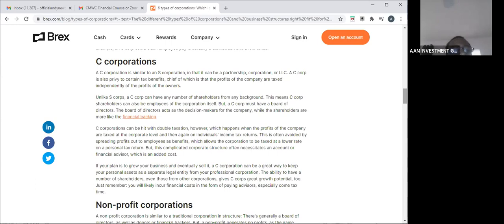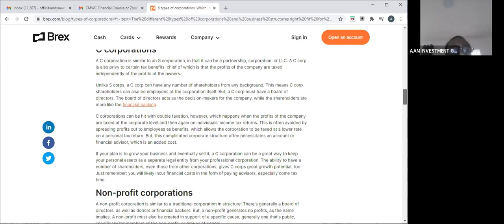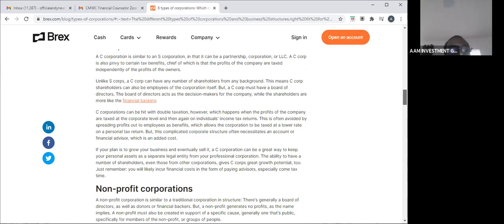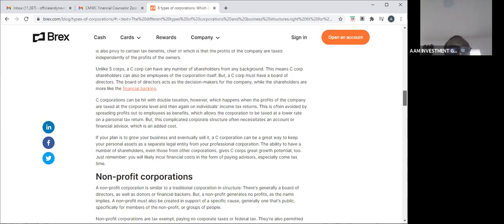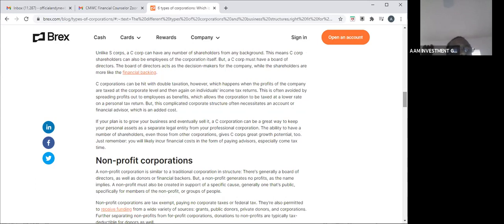All right, so let's read the last part on the C-Corp. It says, if your plan is to grow your business and eventually sell it, a C corporation can be a great way to keep your personal assets as a separate legal entity from your professional corporation.